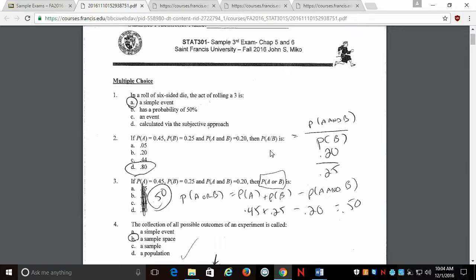In that sample space, there are events and simple events. So when I roll the 6-sided die, the act of rolling a 3 is a simple event. Conditional probability, probability of A given B, we join the two, divided by the probability of the second, which was 80%. This was using the addition rule to come up with that probability.